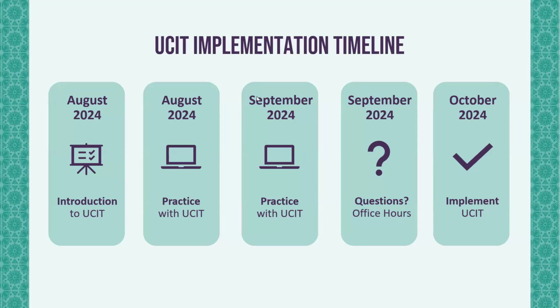Our next training is going to be in September, and we're also having a live session in September. We're going to have more opportunity to do that practice in September. We're also holding office hours in September, so we'll be able to answer questions. And then, as it's been shared, the implementation of the Universal Consumer Information Tool is going to happen in October.